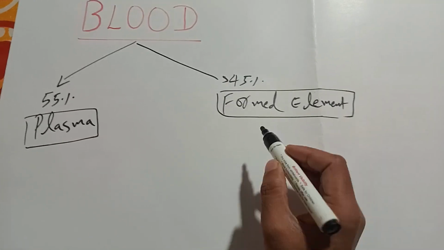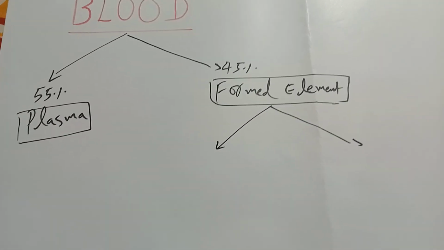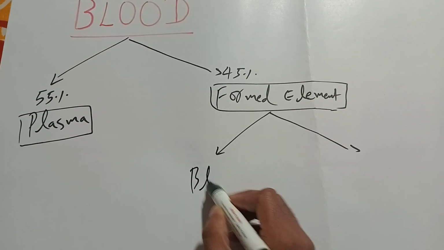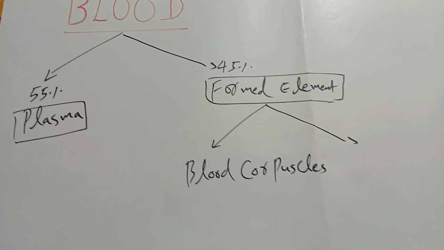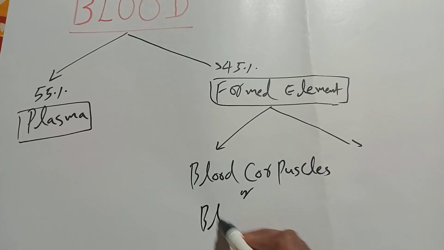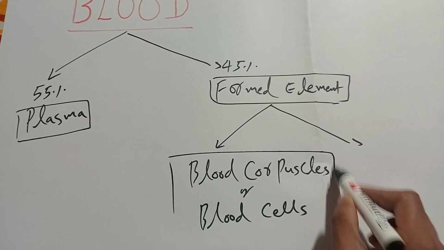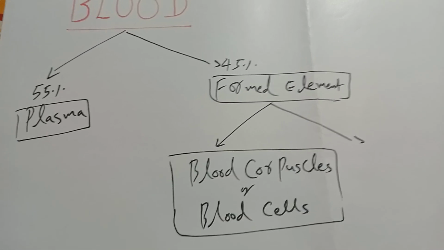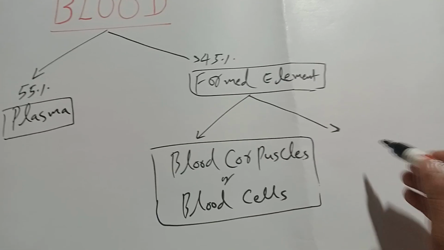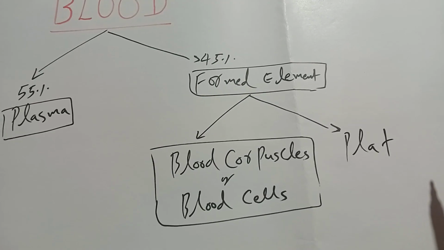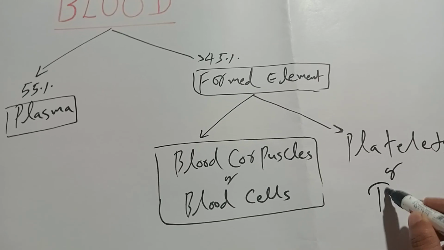Now, formed elements consist of blood corpuscles or blood cells, and platelets, also called thrombocytes.